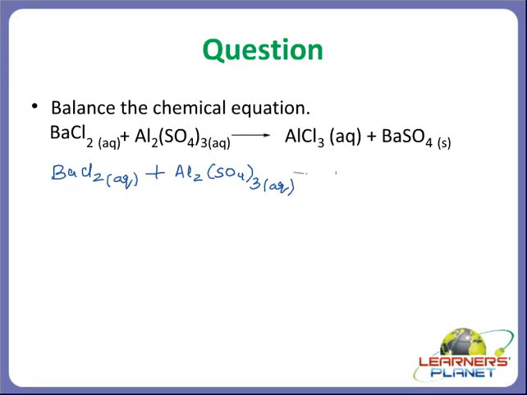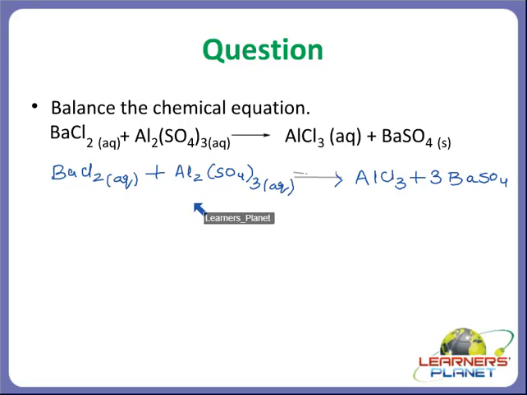It is giving me AlCl3, right? So AlCl3 plus sulfate is 3 here, so I'll put 3 BaSO4, right? Now, how many sulfates are there on RHS? 3. On LHS? 3. So it's balanced, right?